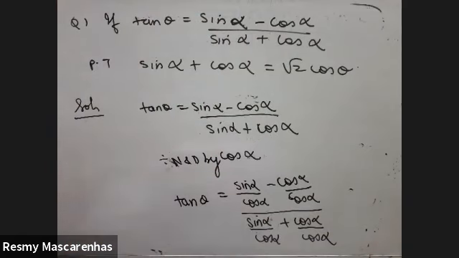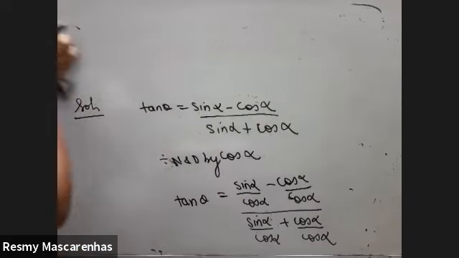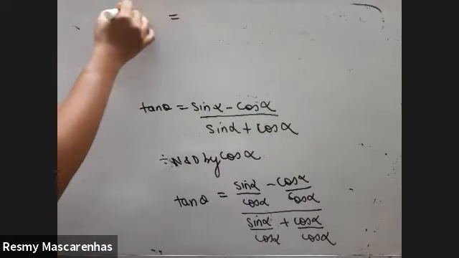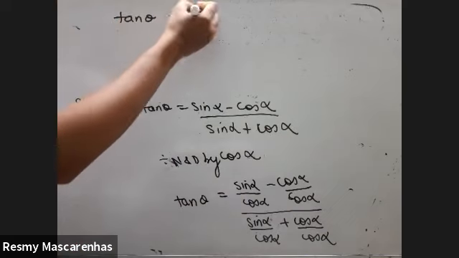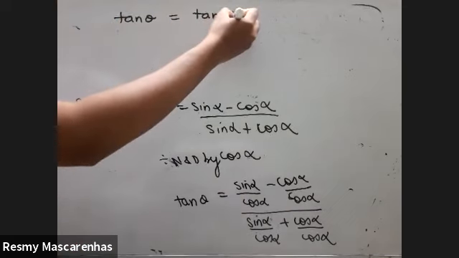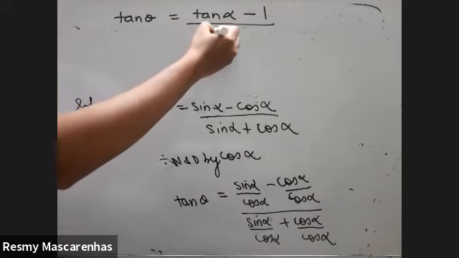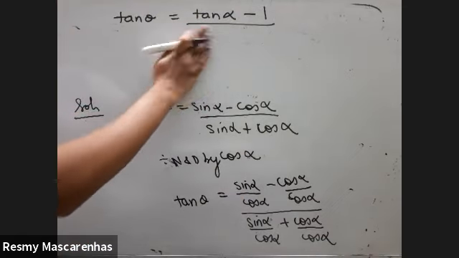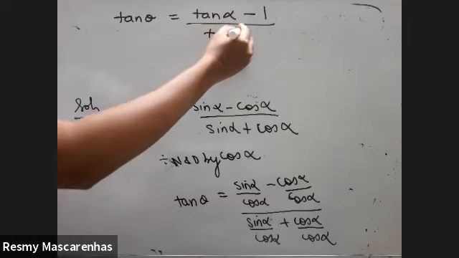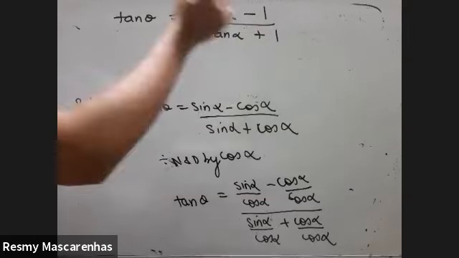Nothing but tan. This will be tan alpha minus 1, then 1 again, tan alpha plus 1.